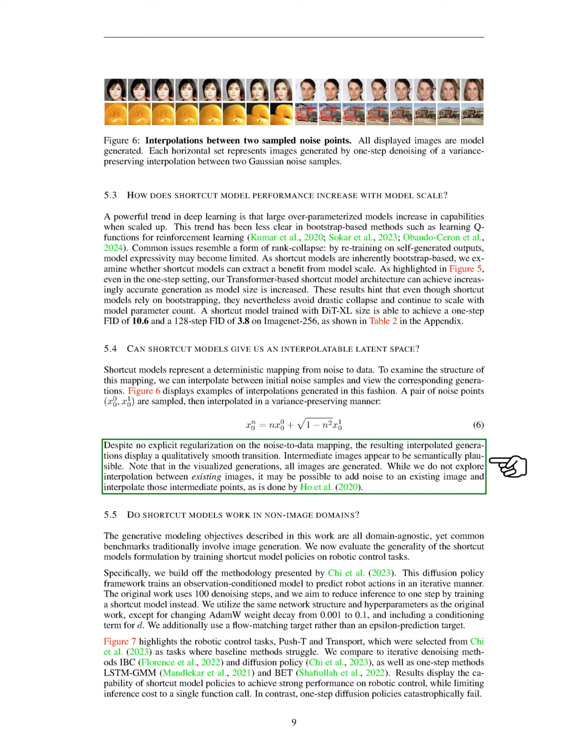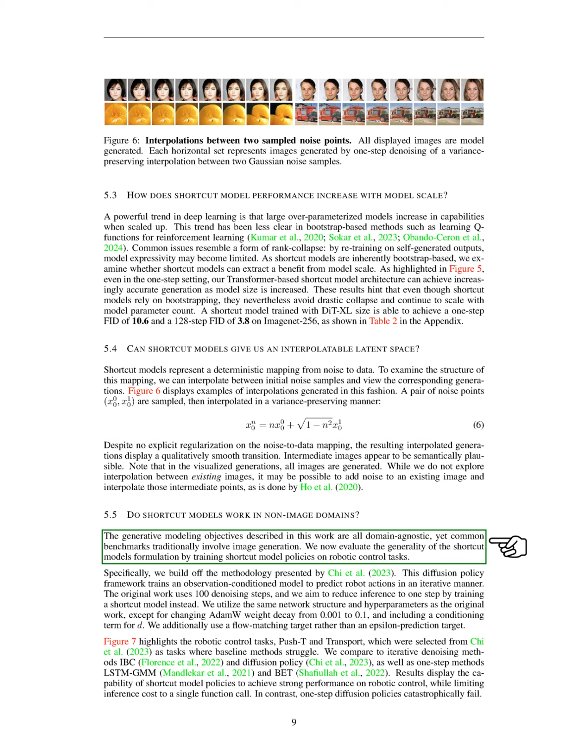The intermediate images appear semantically plausible, indicating that even without explicit regularization, the mapping is effective. While we do not investigate interpolation between existing images, it may be feasible to add noise to an existing image and interpolate those points.